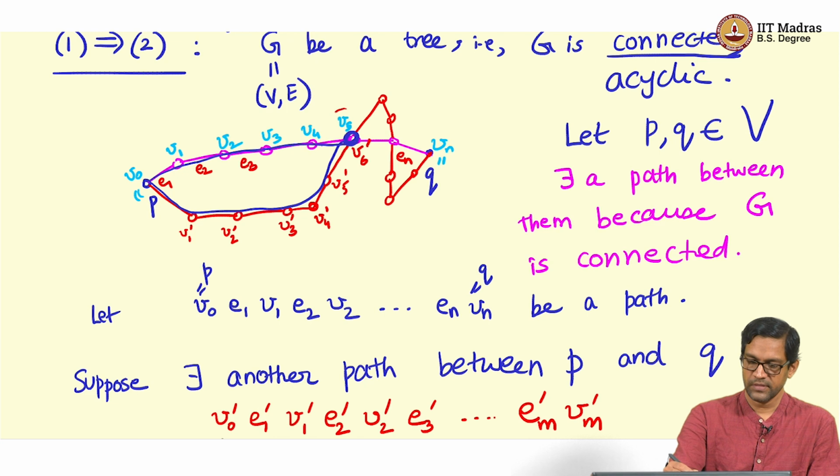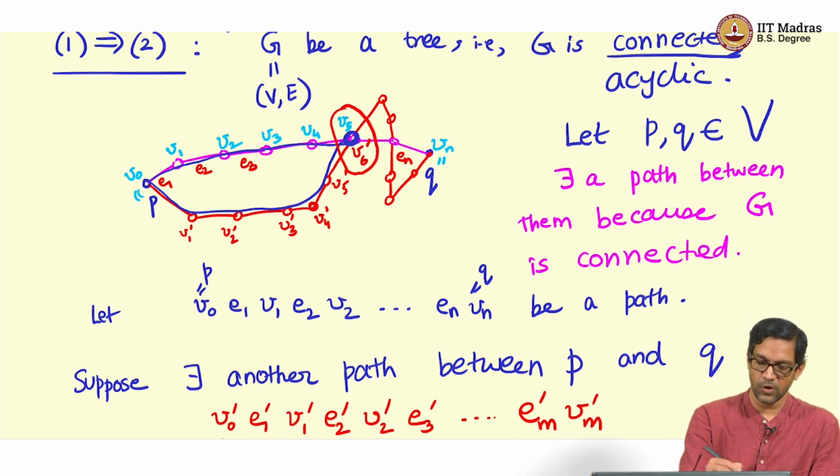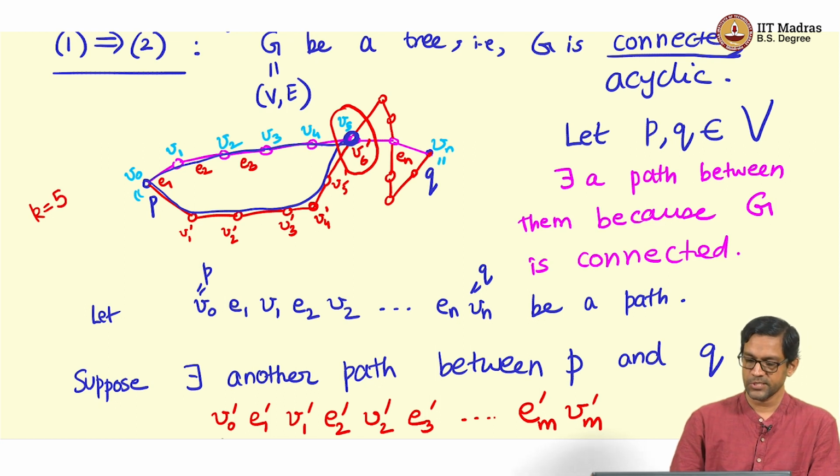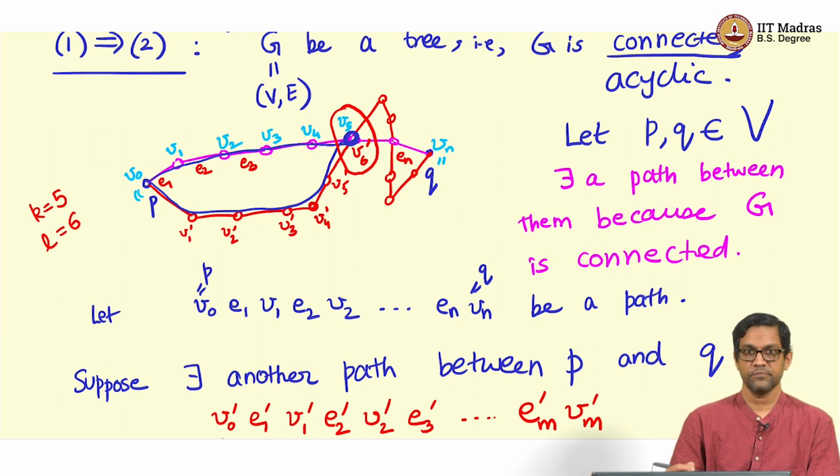Observe that V5 and V6 prime are equal to each other. So in this particular example, the number k will be 5, the smallest number which lies in the intersection for the first path, and L would be 6 because V6 prime is the first time it intersects.